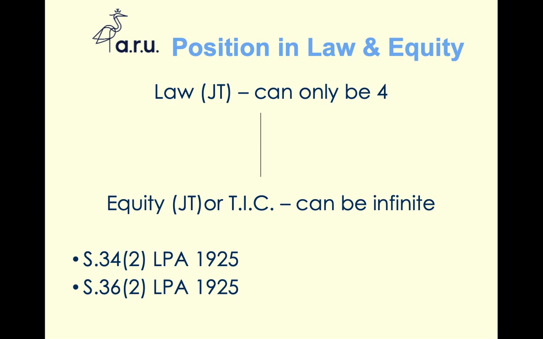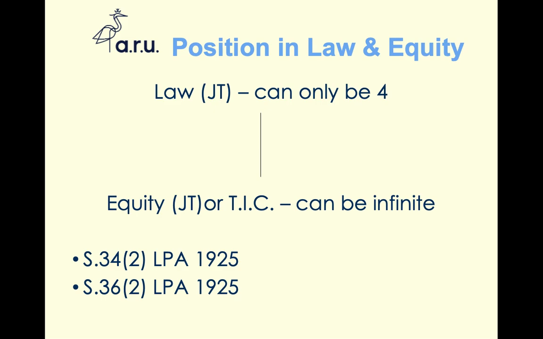So if everybody had bought a house together, we would have to have the first 4 on the legal title, and everyone else would then just be recognised in equity. So the equitable title could be held as joint tenants. They could choose to hold it as a collective and stay in the brackets, or they could be tenants in common for their own severable shares that they act on and operate.